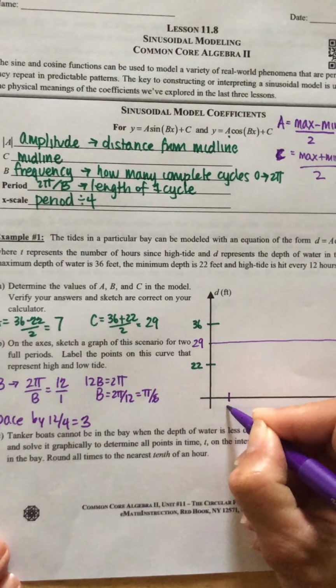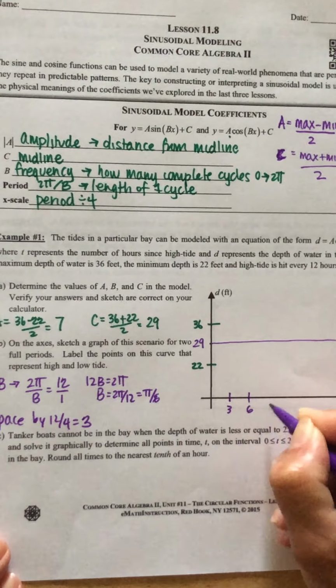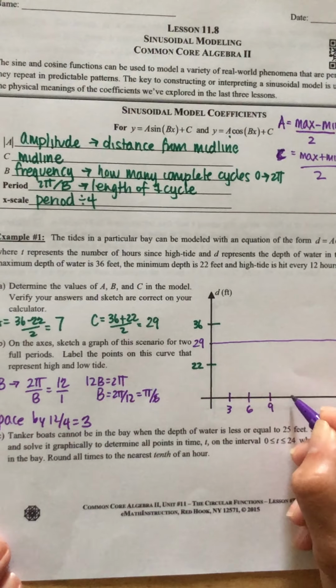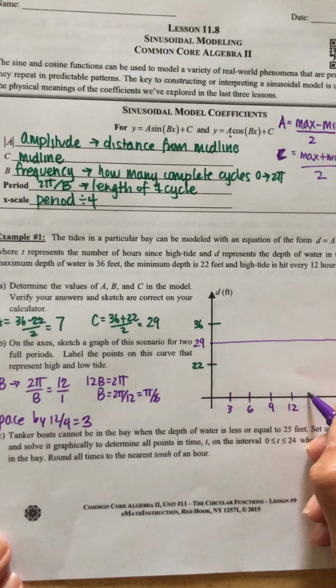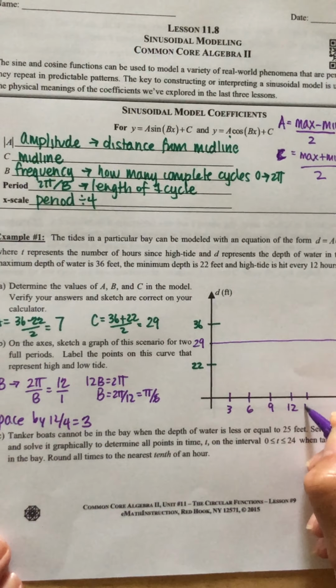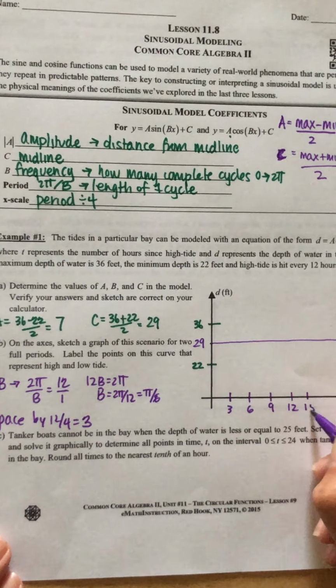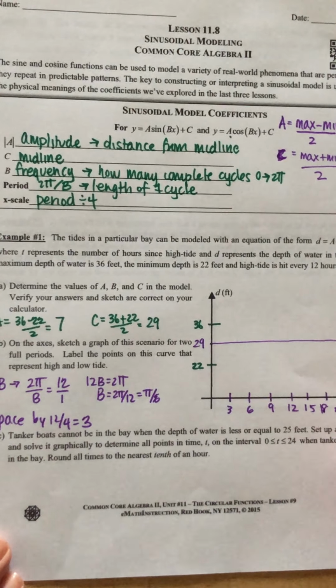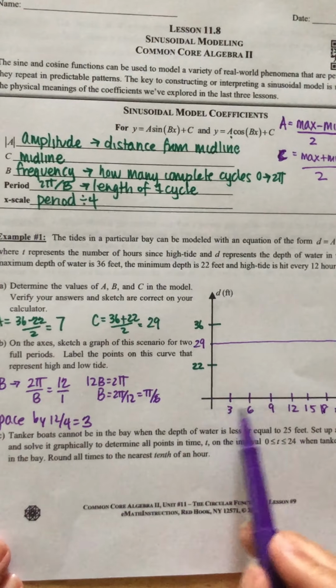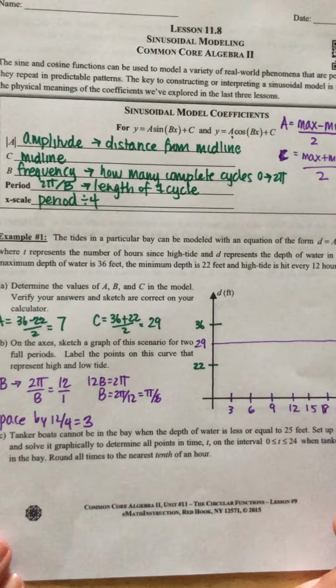So we have 3, 6, 9, 12. All right, 1 complete tidal period. Okay, 3 more would be 15, 18, 21, 24.